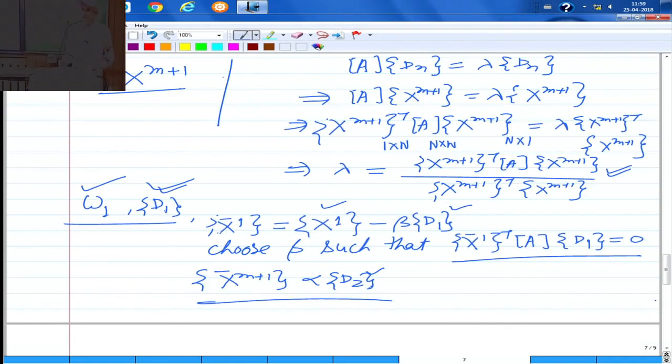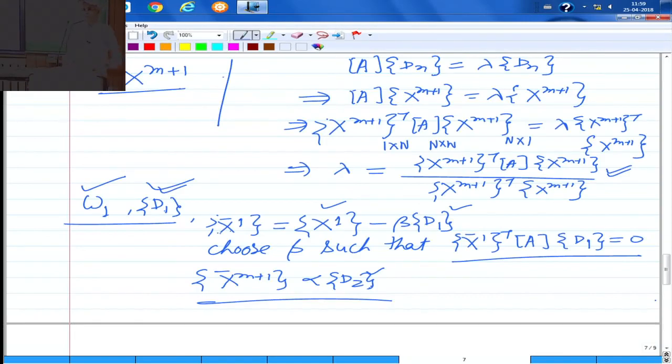So once you have got omega n1 and omega n2, now you want to get omega n3. So now you start with an initial guess, say x1 bar equal to x1 minus beta 1 times d1 minus beta 2 times d2, and this x1 bar has to be orthogonal to d1 with respect to A, as well as to d2. So like that you find beta 1 and beta 2, then pre-multiply by A, and whatever you get, again first subtract d1 and d2, and then pre-multiply by A again.